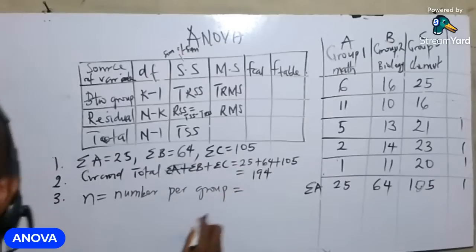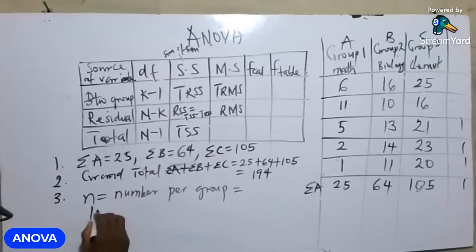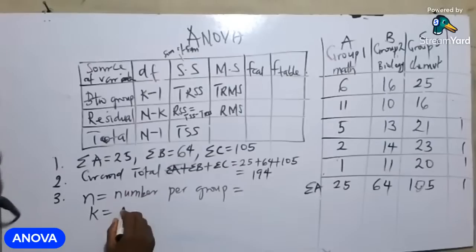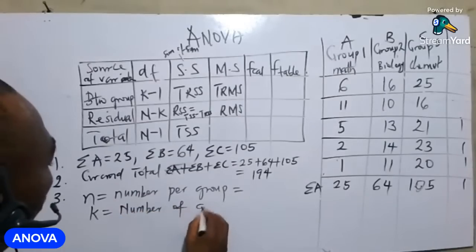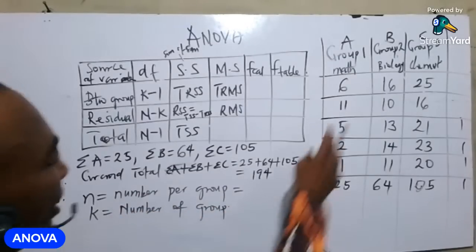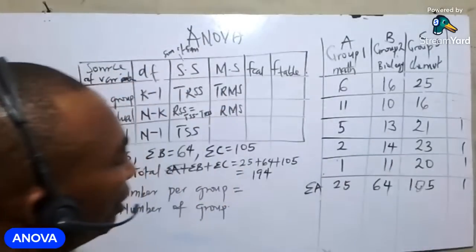And then the K is the number of groups. I will still need this, so I don't want to touch the table.